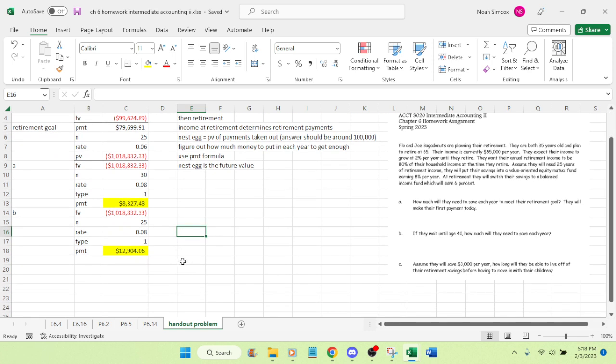Assume they save 3,000 a year. So for problem C, their payment is going to be 3,000.